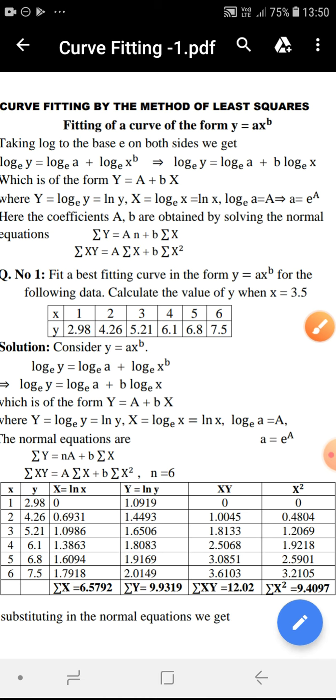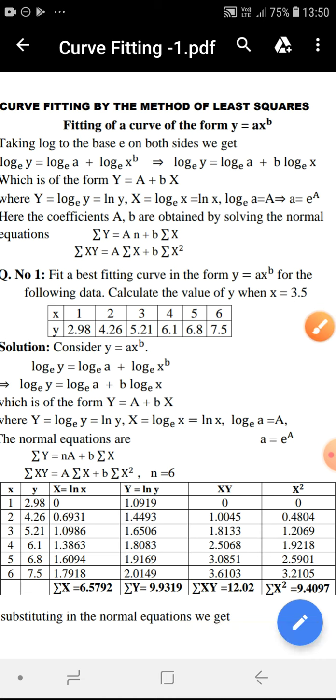And that equation is in the form capital Y equal to A plus bX. In place of capital A, it is log a base e. In place of capital X, it is log x base e. And in place of capital Y, it is log y to the base e.